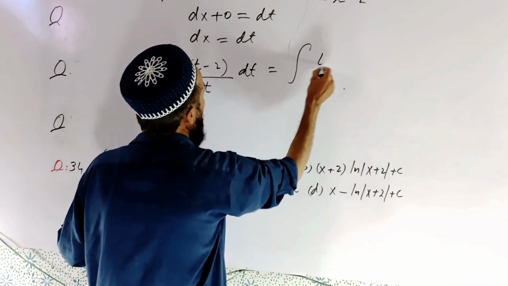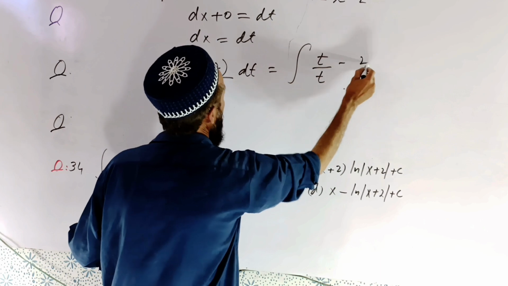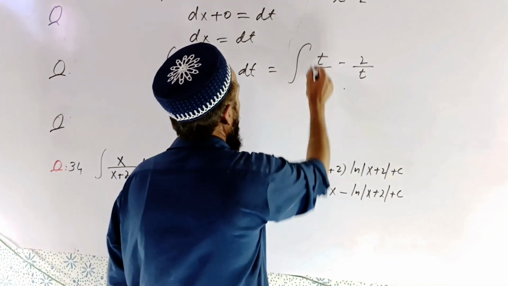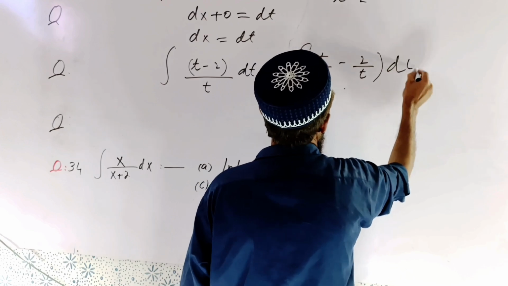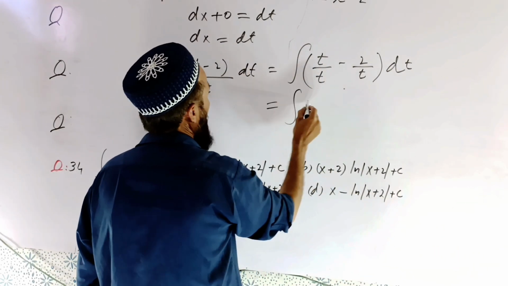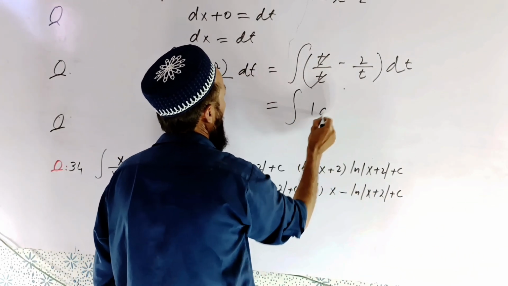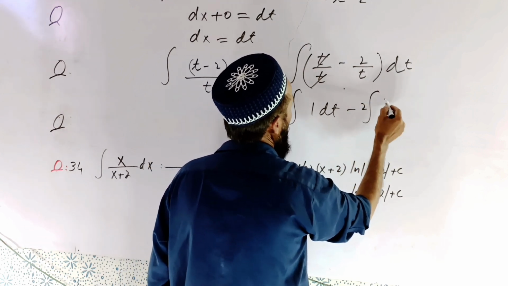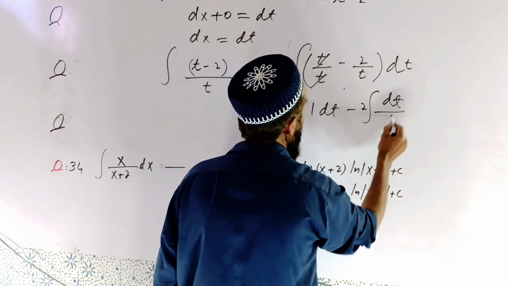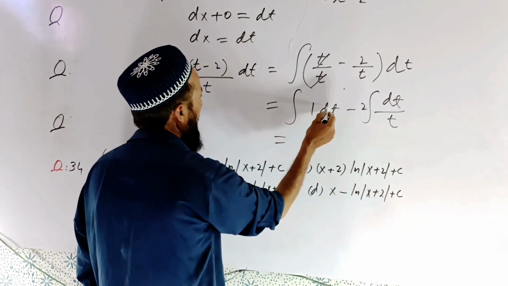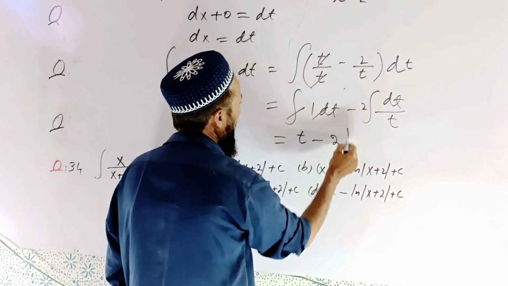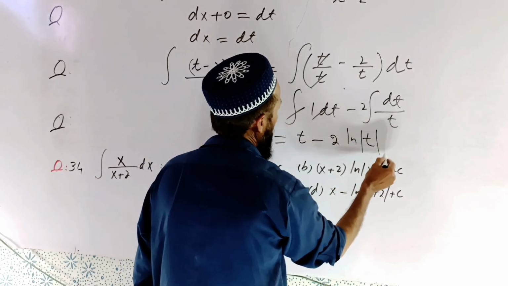Now we divide: t minus 2 divided by t, dt. Now applying this, we get 1 dt minus the integral of 2, taken outside the integration, dt divided by t. We can write t minus 2 log of t plus c.